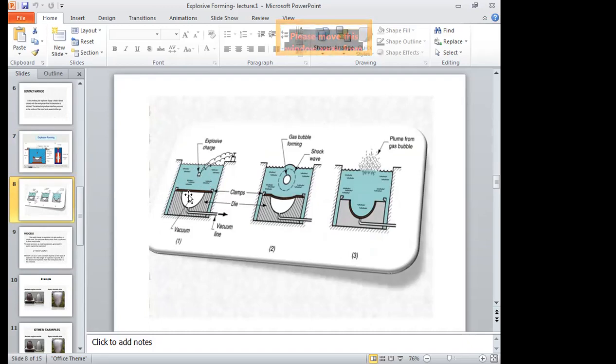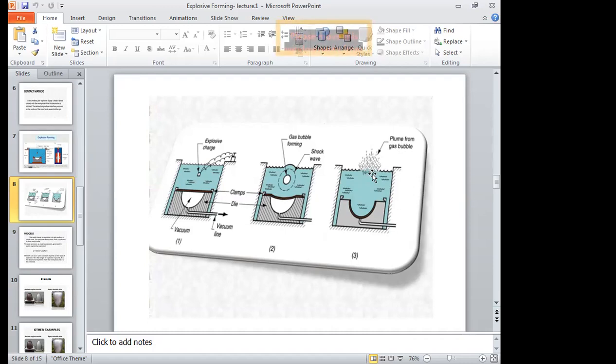Then there is a clamp, then a die and vacuum line, and vacuum is created in the die. Then when it gets charged, gas bubble formation takes place by shock wave. Due to the shock wave, the material in the water above the die, the workpiece, changes as shown in figure B.